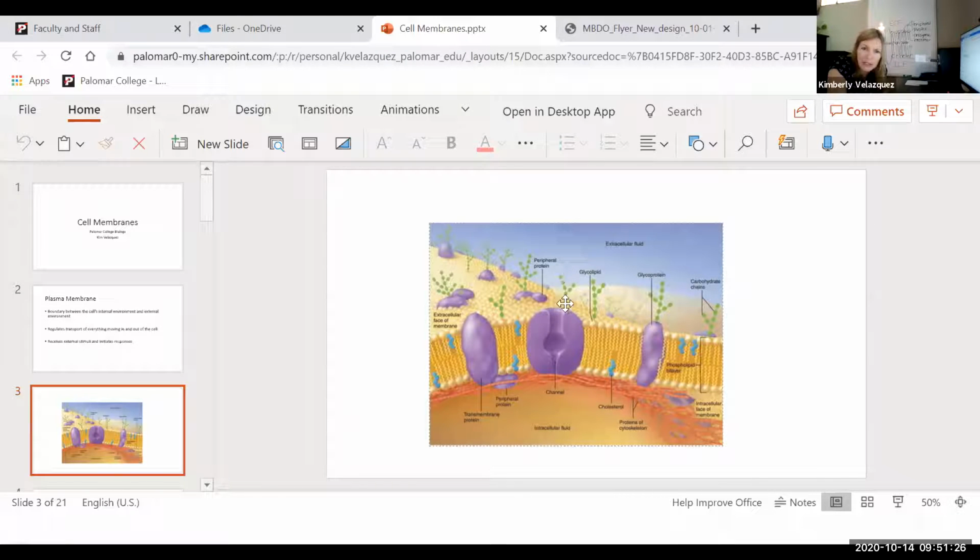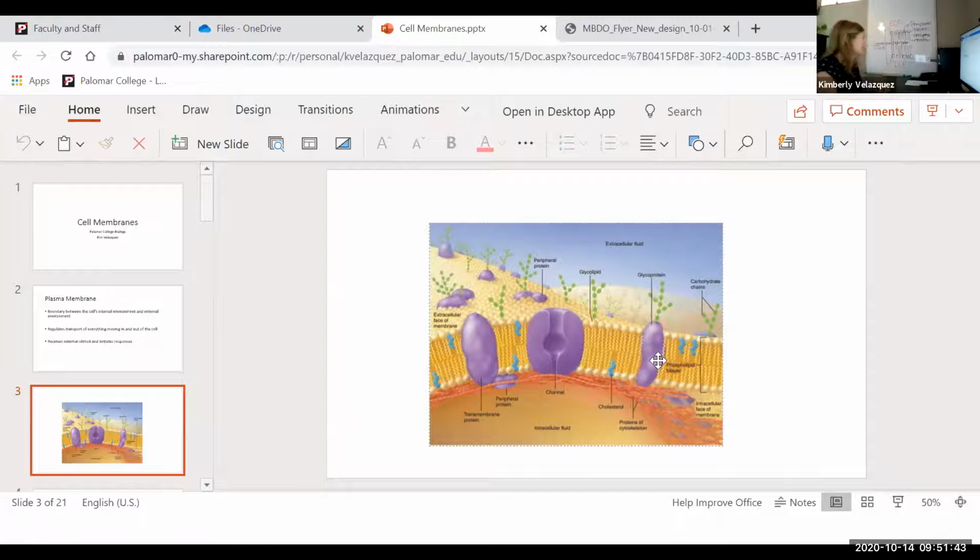So here you see a chain of carbohydrates. It looks like just a chain of glucose. It's in green on this picture, and it's just attached to a lipid. So that's called a glycolipid. It's just attached to one of the phospholipids. If it's attached to one of the proteins, it's called a glycoprotein.